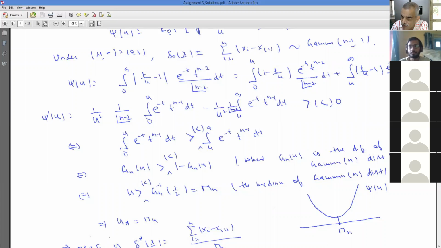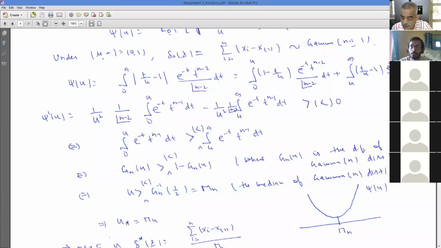Now, under G, I have to guess what my G tilde is, right? Now, your (mu, sigma) has gone to mu plus sigma, right? So under G bar (b,c), where does (mu, sigma) go to?